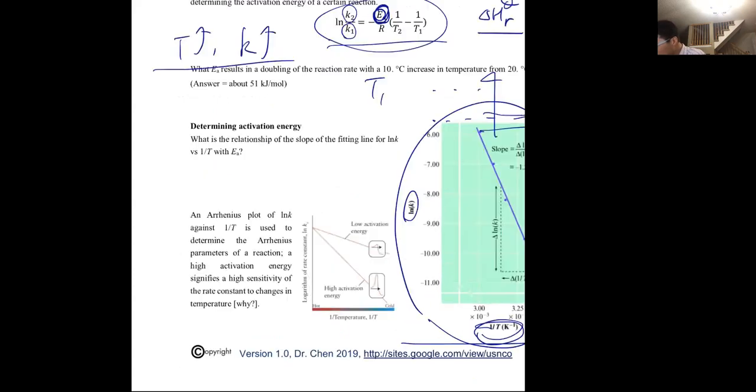Here is another thing: how the temperature affects the rate constant. Will the temperature be more effective for a reaction with a high activation energy, or for a reaction with a low activation energy?